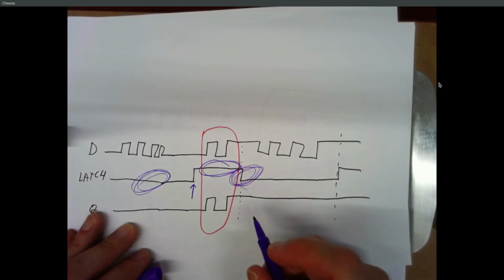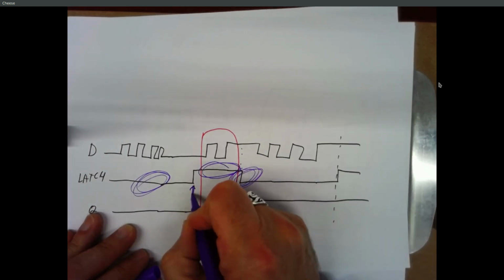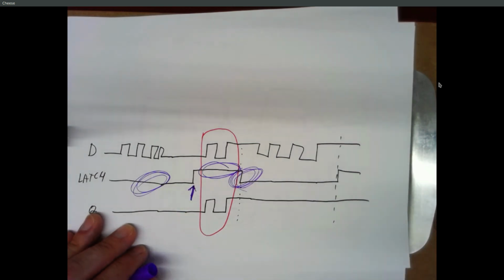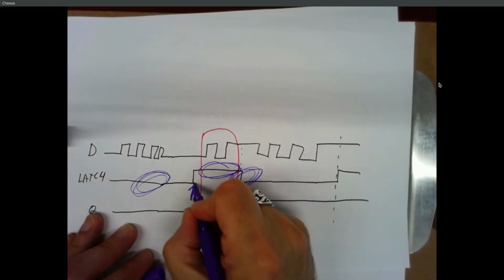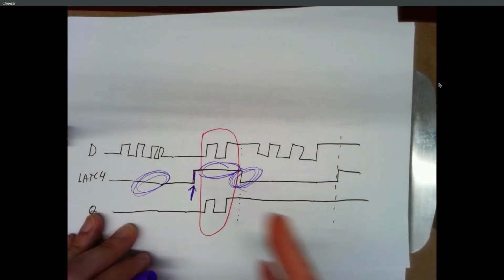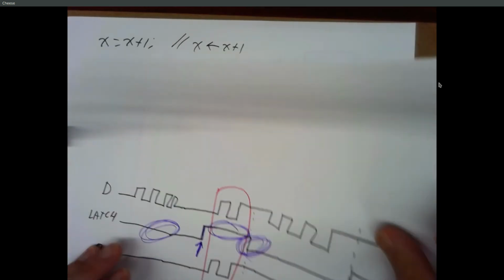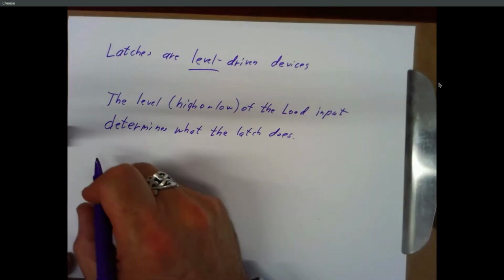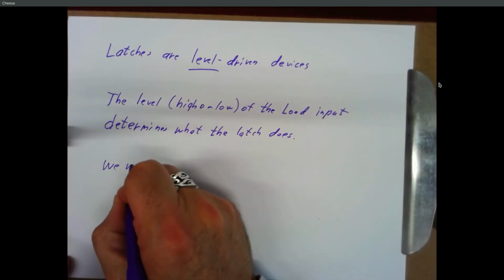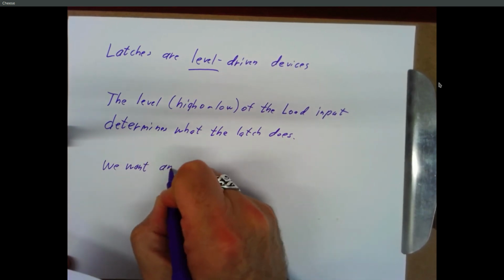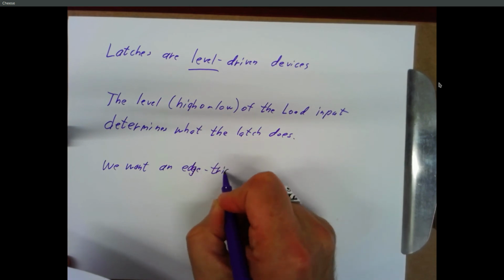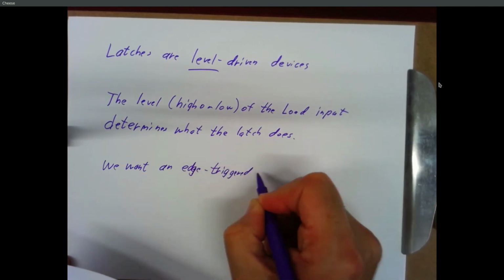We only want to pay attention to the fact that at this moment, this infinitesimal slice of time, this input changed from a 0 to a 1. There's an edge, okay, looks like an edge in the picture. So we want an edge triggered device.